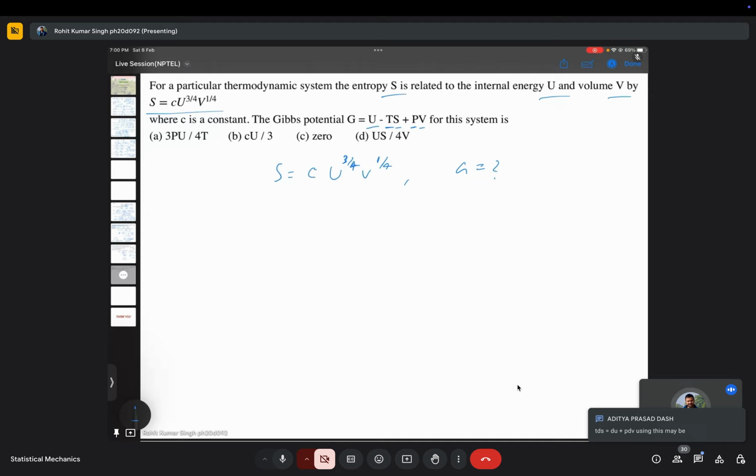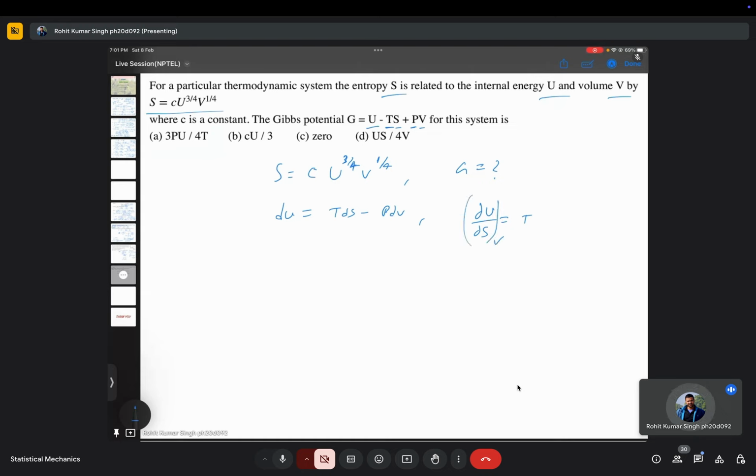Aditya wrote using the first law of thermodynamics simply. Yeah, this is fine. What do we have from here? dU over dS is equal to temperature at constant volume.